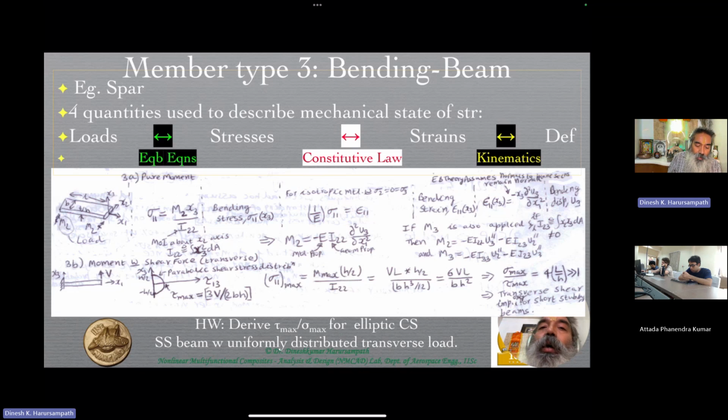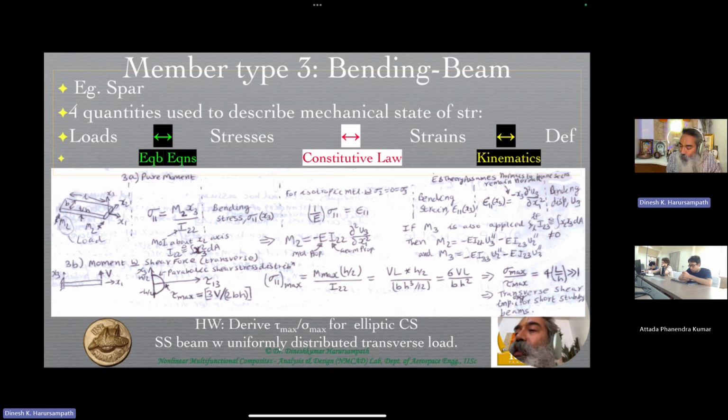Here it is the bending curvatures, and two bending curvatures. One is the bending curvature like this, which you call rho 2, and the other one is rho 3, which is essentially the curvature about the x3 direction, corresponding to your M2 and M3 as a direct effect.